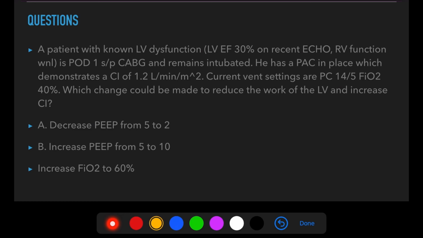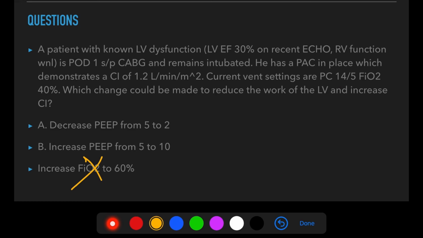Well, increasing our FiO2, unless for some reason we think this is all ischemia related, isn't going to help. So that's not the correct answer. So now we can either drop our PEEP or increase our PEEP. And increasing our PEEP actually helps out our LV.